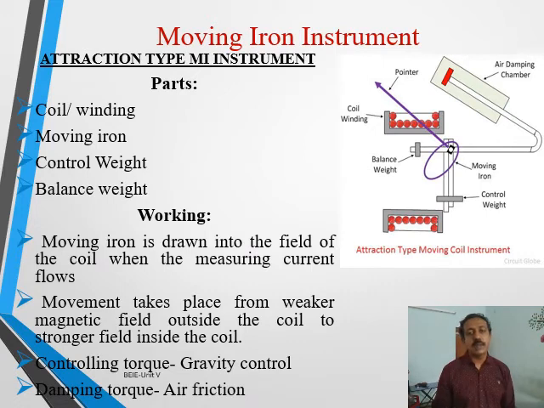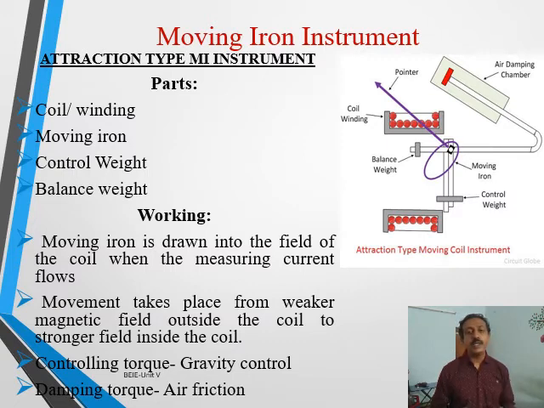This movement takes place from a weaker magnetic field outside the coil to a strong magnetic field inside the coil. So the moving iron, present in the weaker magnetic field, is attracted towards the stronger magnetic field inside the coil.